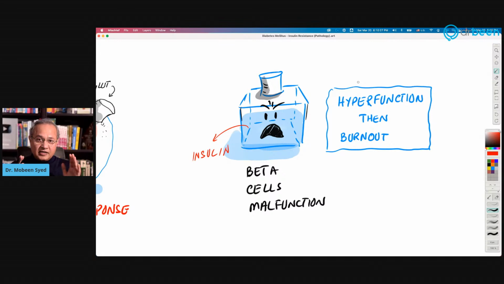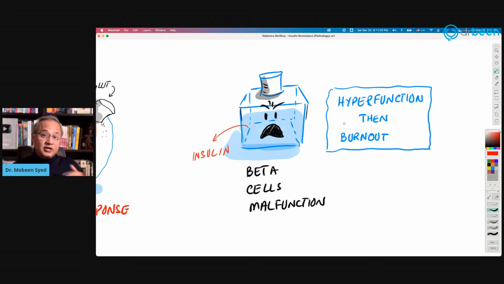The result of that resistance is that the beta cells are under stress to produce a lot of insulin. So they will produce a lot of insulin. They are healthy cells, they're young cells, they can produce insulin, and they do produce it. When they produce a lot of insulin, the result is that extra insulin is going to be able to drive glucose into the cells by ringing the doorbell again and again and like crazy, or by attaching to a lot of receptors and opening up whatever glucose channels they can.